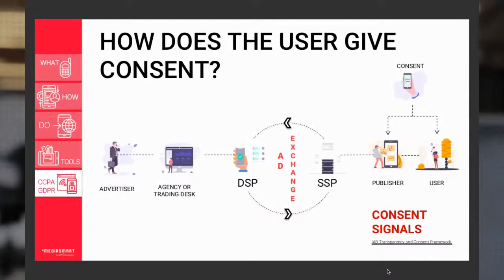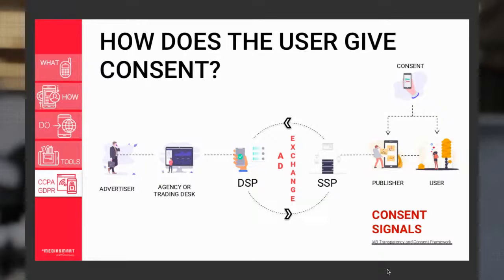So privacy is all about user consent. As we go back to the programmatic ecosystem that we talked about in the first few slides, we saw that we have an advertiser that hires an agency or a trading desk to use a DSP to buy advertising on an SSP, access a publisher, and get to the user.